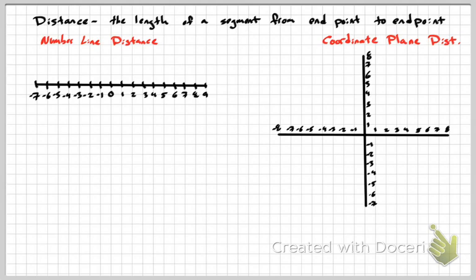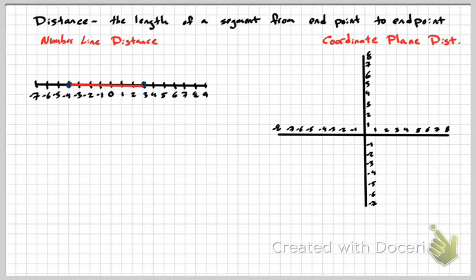So for example, let's say I put a point at -4, and then I put a point at 3, and then I connected them to make a segment. Let's change the color up a little bit here.